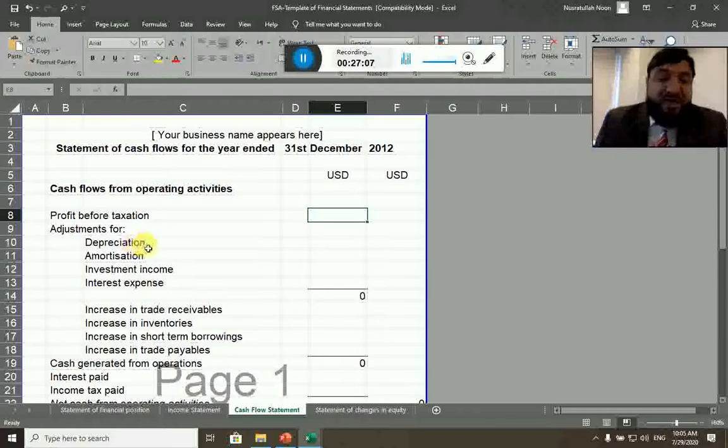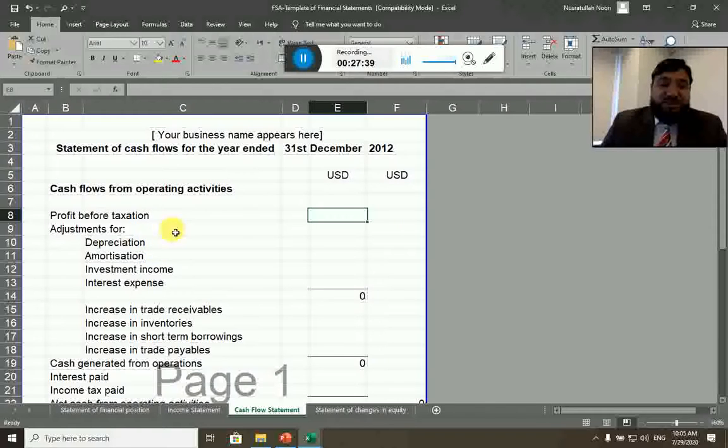Why have they put some adjustments here? Because there are certain expenses which are called non-cash expenses, or maybe they have been declared but not yet paid. When the payment is not made, then we have to consider them as cash available, right? Cash has not gone out of our hands, though we have reported them as expenses, right?